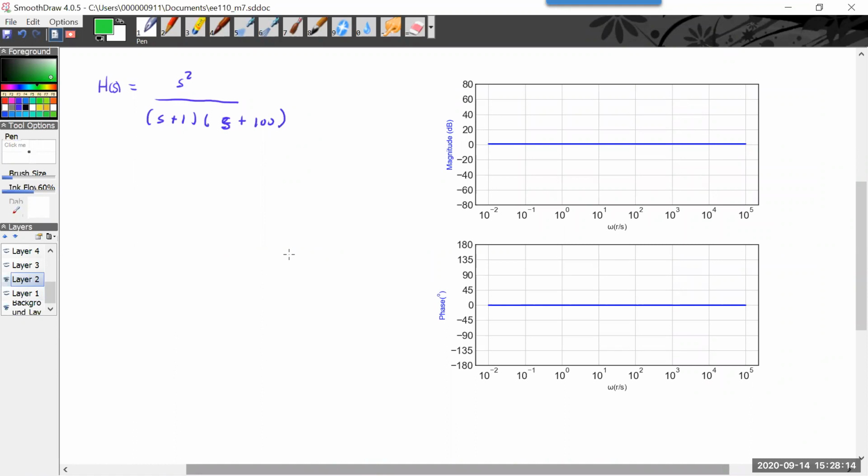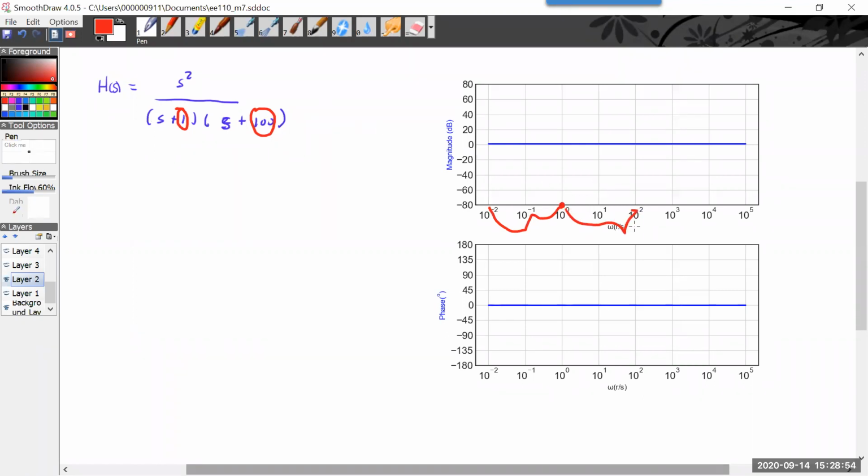So now we actually have two poles to contend with. So it takes a little bit longer to do. But if I were to plot this out, I'd make sure that I draw out 100 times less than that, 100 times more than that.